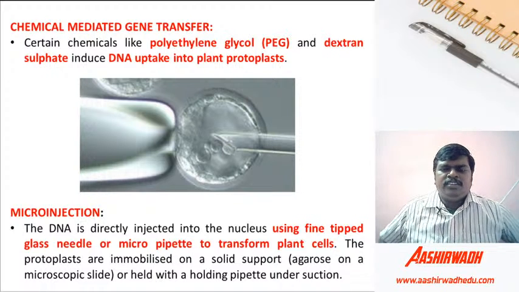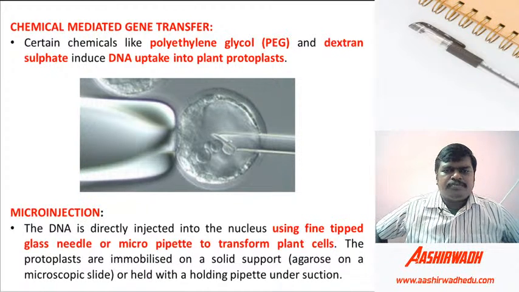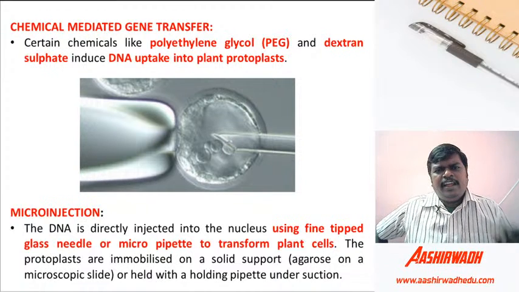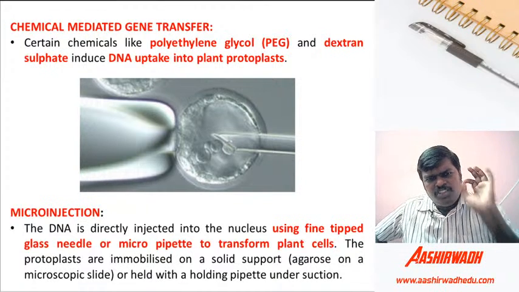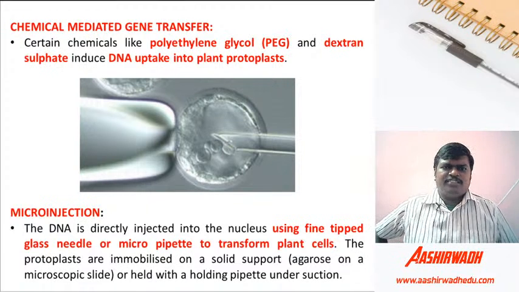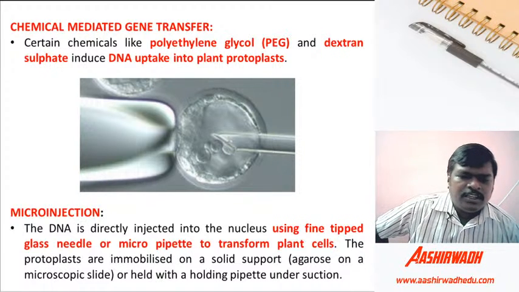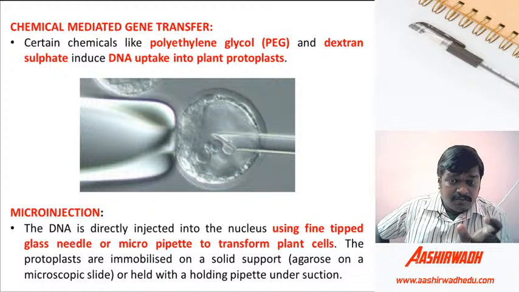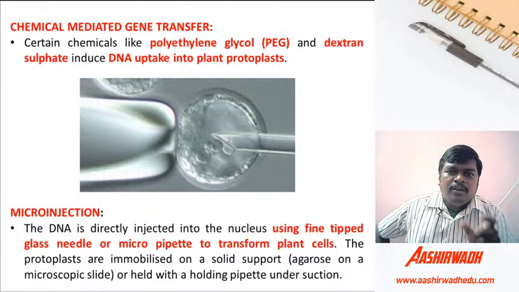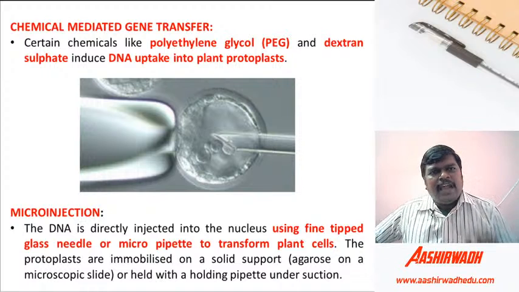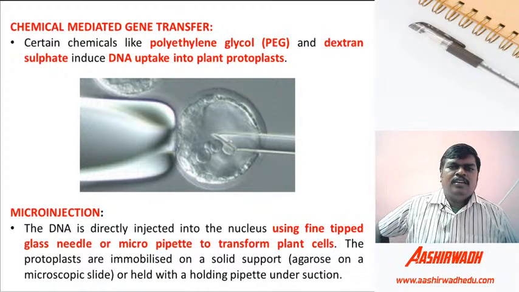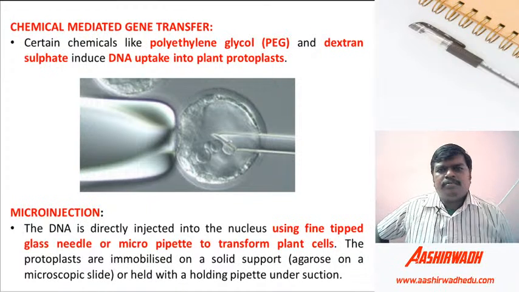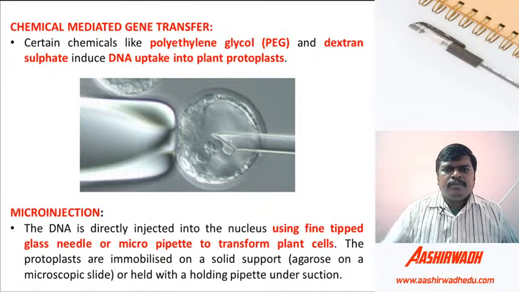And the second method is called the microinjection method. In the microinjection method, the DNA is directly injected, or the nucleus which is supposed to be transferred, or the fragment of the gene, will be directly inserted into the host cell with the help of a fine tip needle or a micropipette.